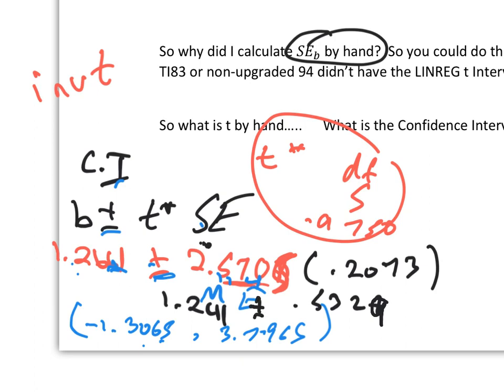Now let's do our new one. Let's see if it matches up with the computer. 0.7332, and then 1.7989. How does that match up with what the calculator was just giving? Sounds more familiar.